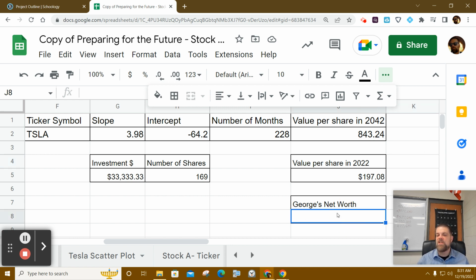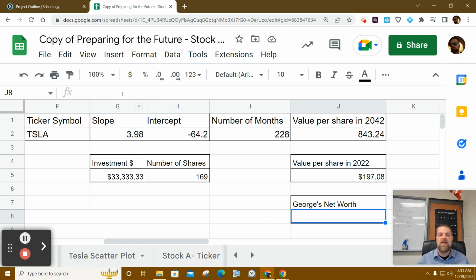Yeah. Now, this is a formula too. So how do I calculate that value? I'm going to put equals, and what do I do? Tell me. Number of shares multiplied by your value per share in 2042. That's right. So if I buy this number of shares, notice it doesn't put 169, it puts H5, because this number will change.